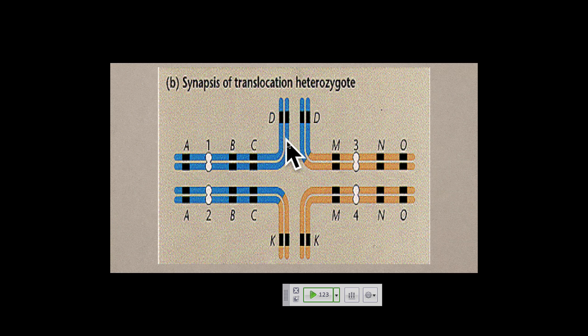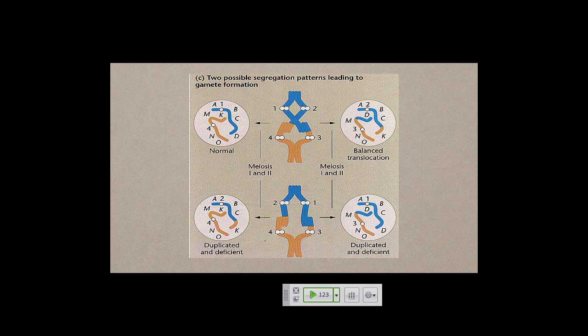They get paired up sequence by sequence. And here's the key figure. There are two ways that the chromosomes can line up at that metaphase plate during meiosis.